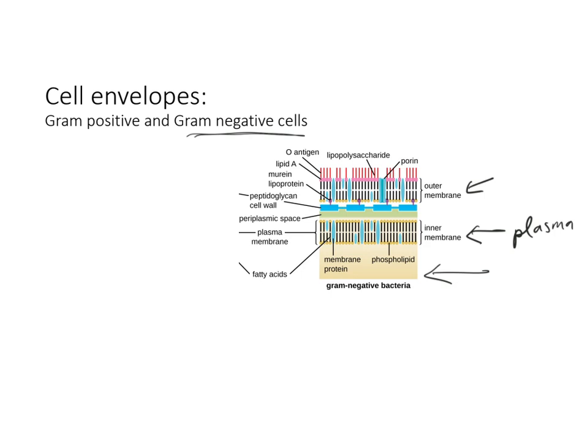Now between those inner and outer membranes is the peptidoglycan cell wall, which for gram-negative bacteria is very thin, made up of a single layer of peptidoglycan, not multiple layers, just one single layer.